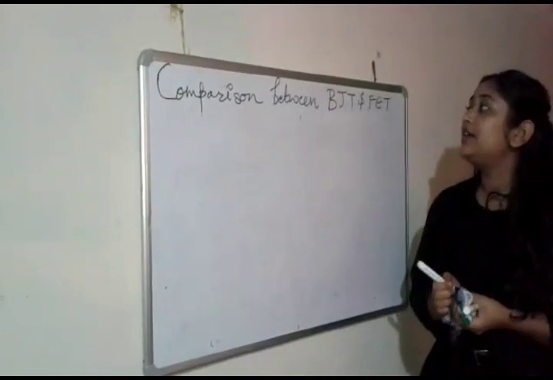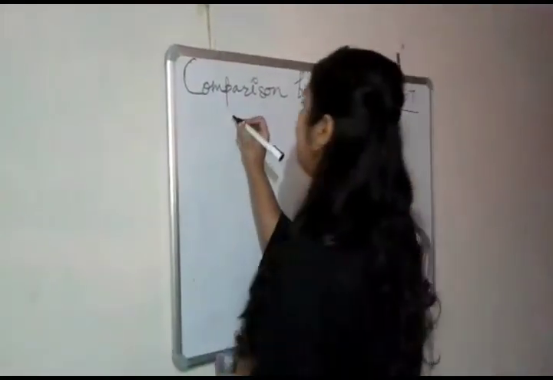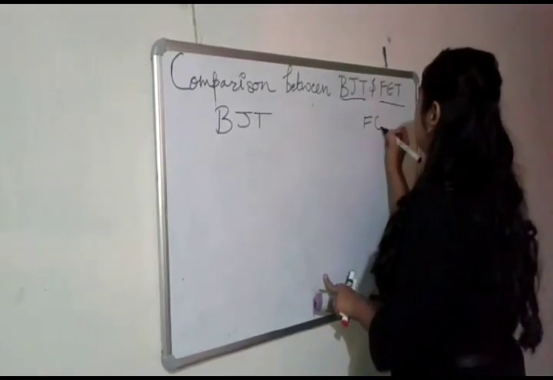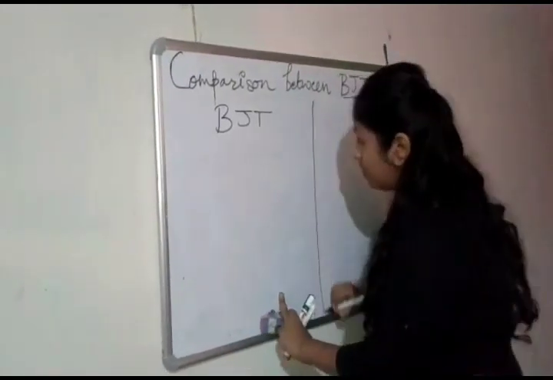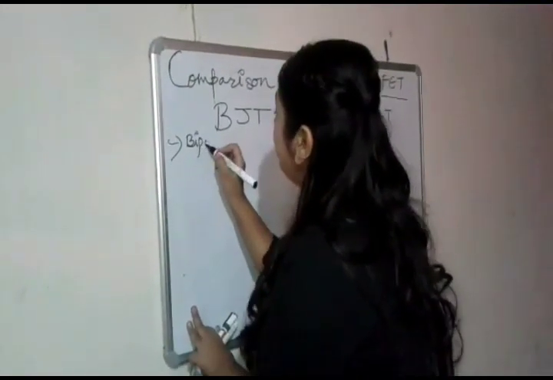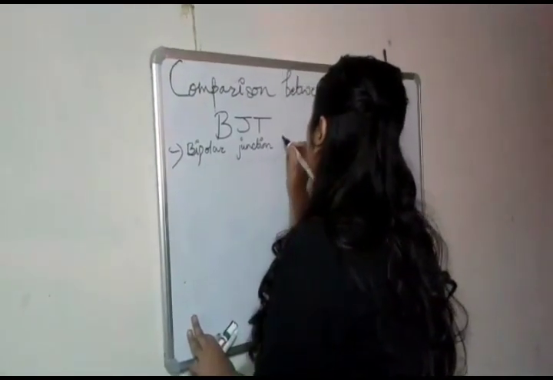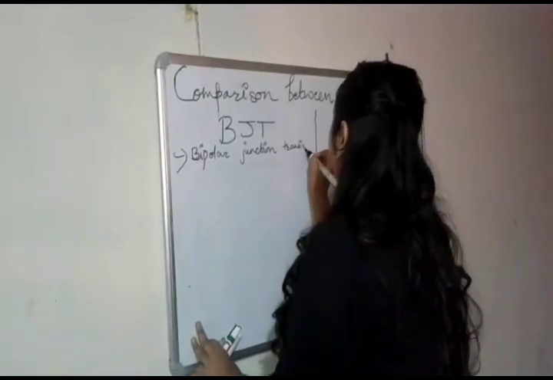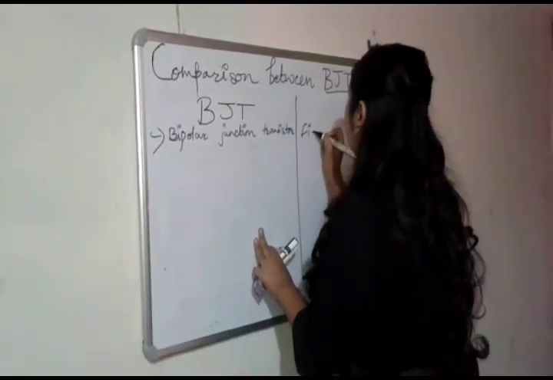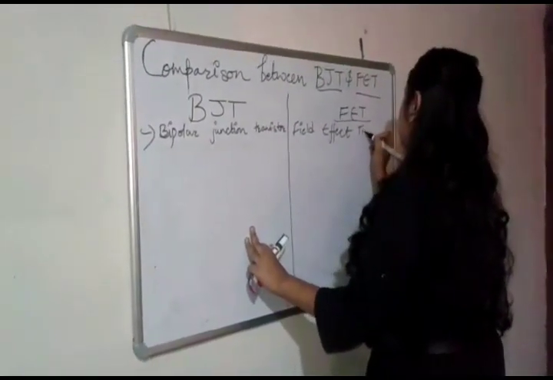So now, at last, let us compare BJT and FET. BJT stands for bipolar junction transistor, and FET stands for field effect transistor.